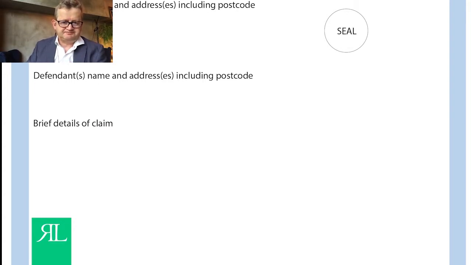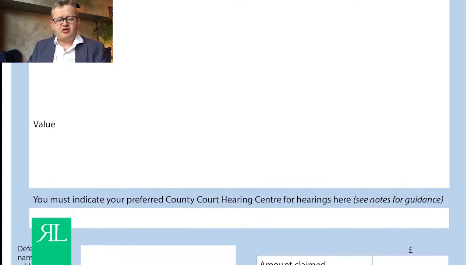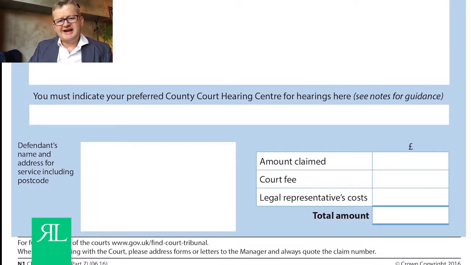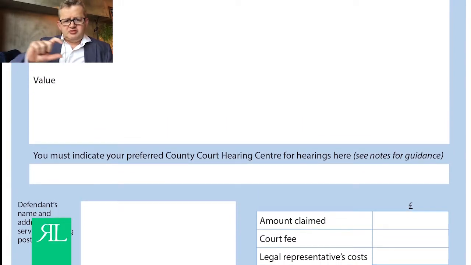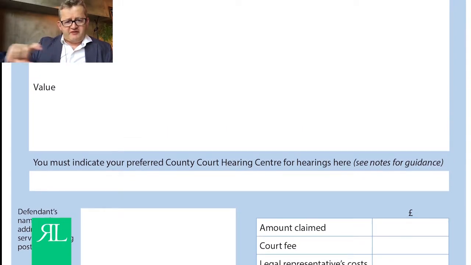Then you've got the preferred court. The defendant can actually change the preferred court if they want to bring it nearer to themselves, providing they're an individual, not a big corporation. Also, you've got the value box.